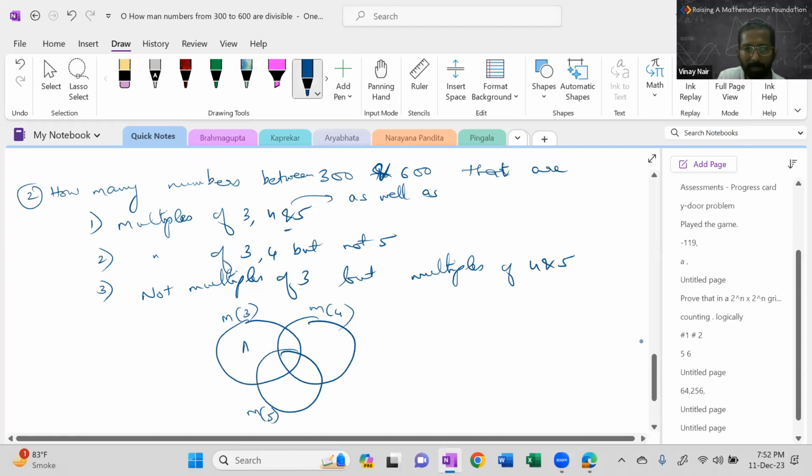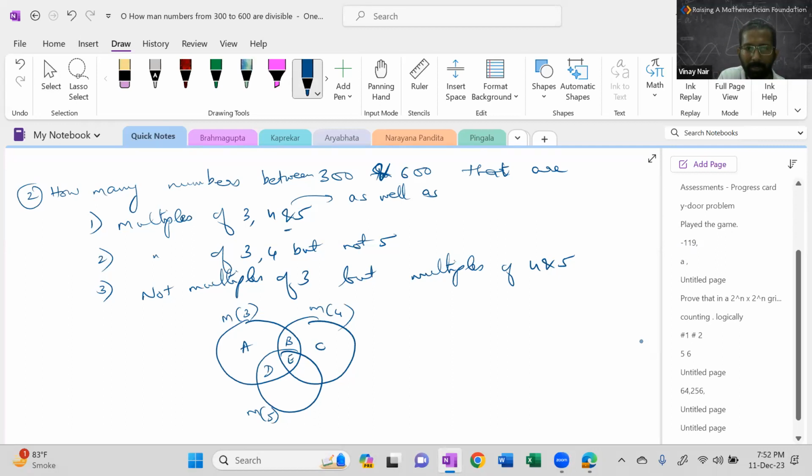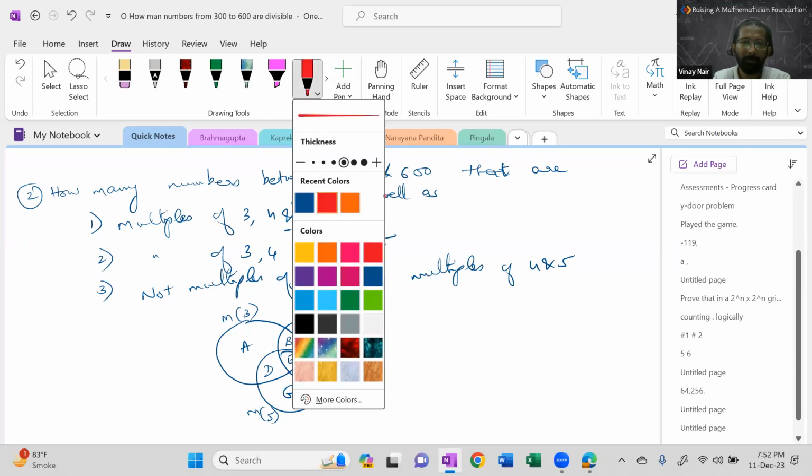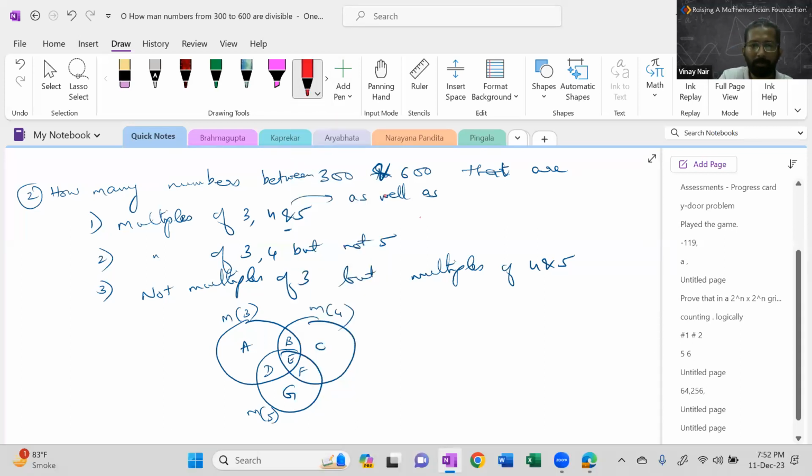Let me put the regions as A, B, C, D, E, F, and G. When I say multiples of 3, 4, and 5, I am referring to the region. Which region? You can unmute and just speak up. E. Region E.